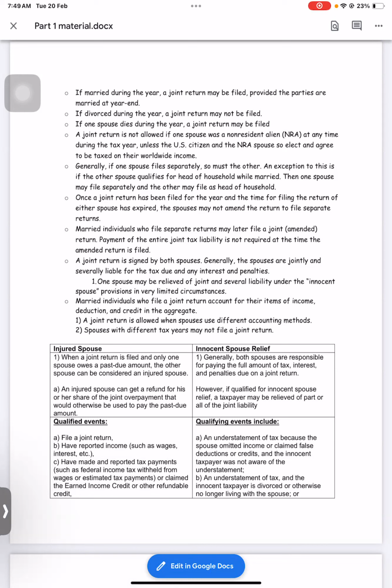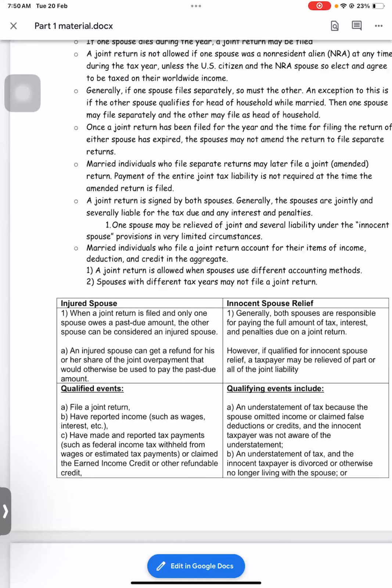But the wife, since she is filing the return with him, will also get a 50% share of the refund. So the husband will say, that is not fair, I want my whole refund to be applied on my income only. That is why these two concepts come into the picture.